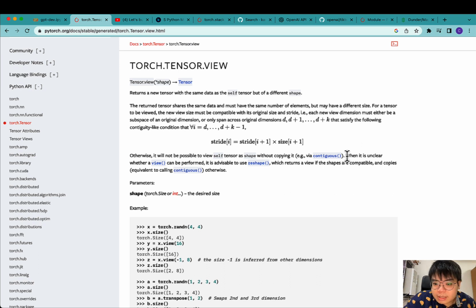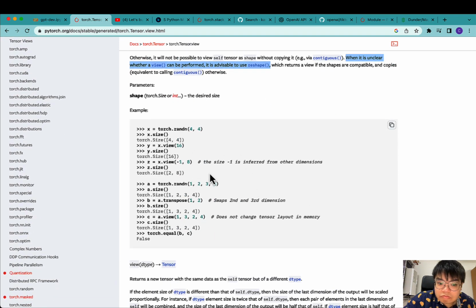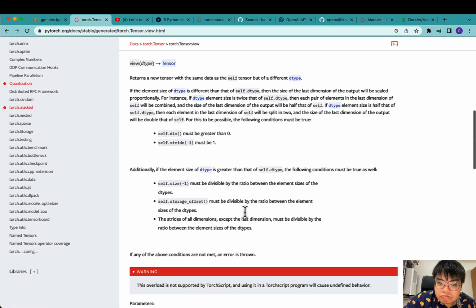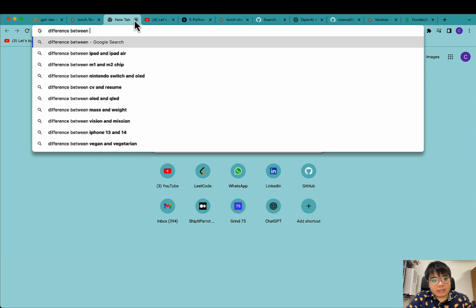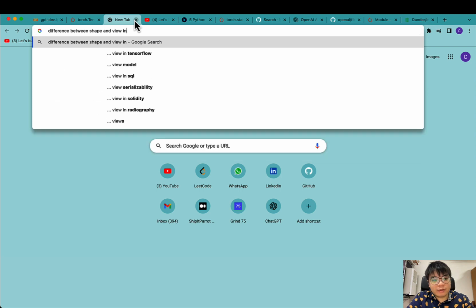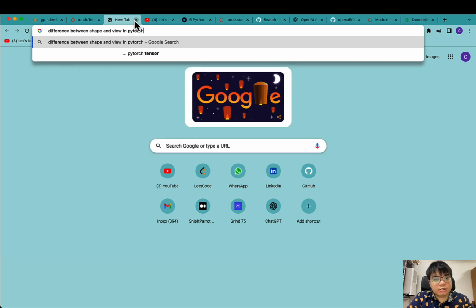I was wondering what's the difference between view and reshape over here. So it looks like reshape does call view, then what's the difference between reshape and view then? Let's do a quick Google: difference between reshape and view in PyTorch.